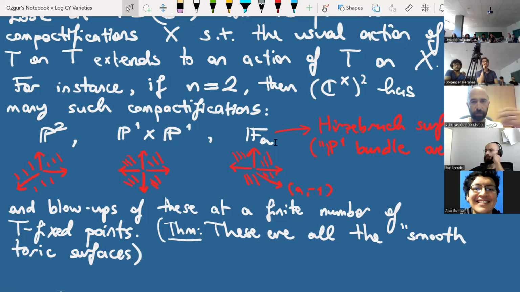And you could create some further examples like this by blowing up any of these, maybe successively several times, at T-fixed points. And it's a small theorem that these are all the smooth toric surfaces. So these are all the toric examples you can create in dimension 2. But starting from dimension 3, it gets much, much richer.